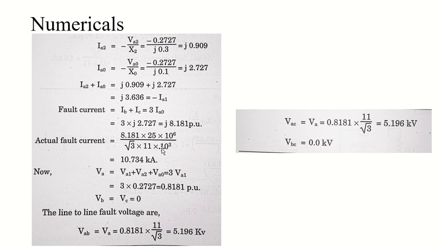So whenever you do the math, you will find the value of actual fault current, which will be equal to 10.734 kiloamperes.